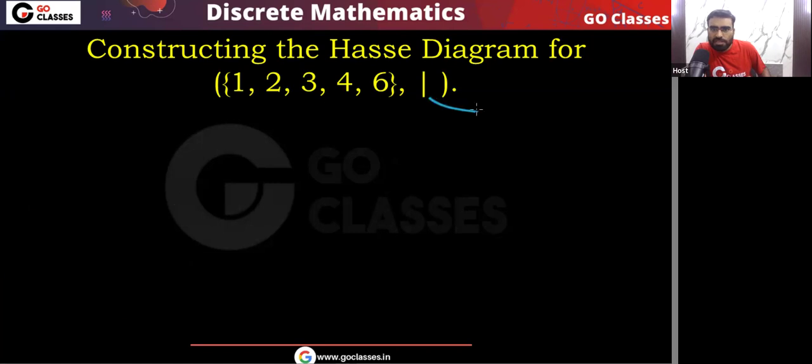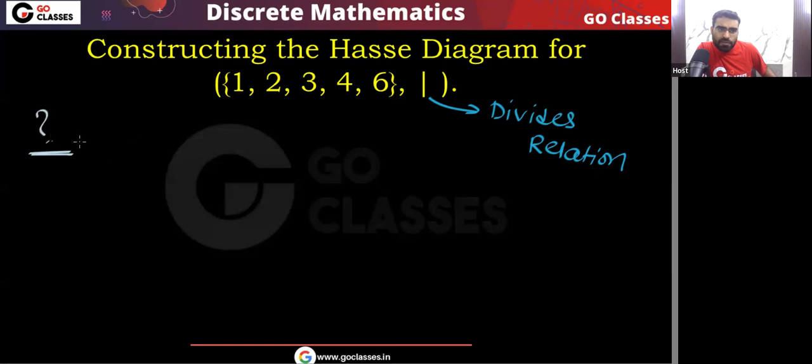So this is your relation. Your relation is the divides relation. So first you tell me, if I start from the bottom, which element can I start with? Which element is related to most of the elements? Which element divides most of the elements?